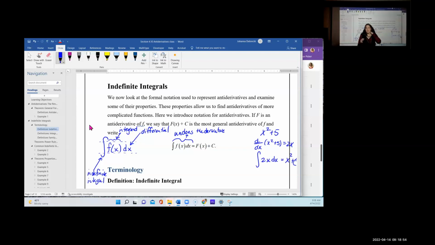So there's no way to reproduce that constant. So it's not a definite integral, it's an indefinite integral. And the symbol right here is called an integral. All right. Okay. So this constant that you see right here is often called the constant of integration.